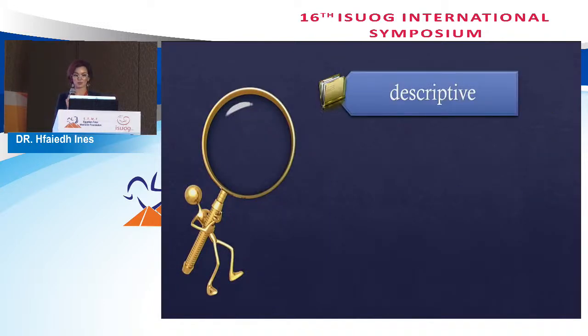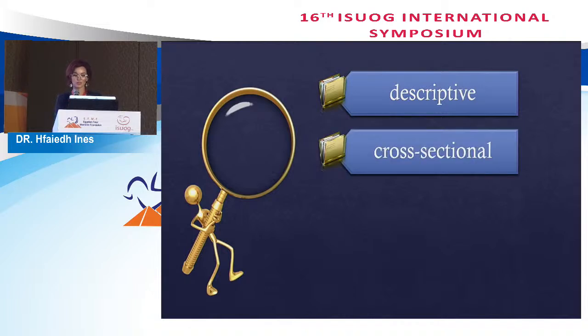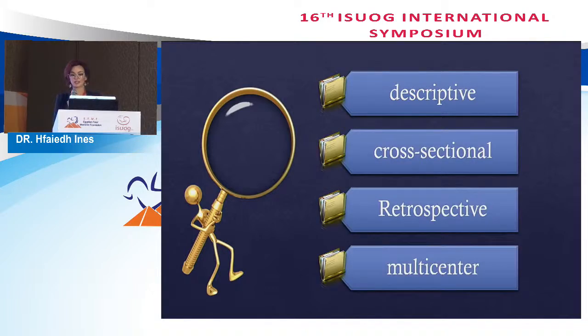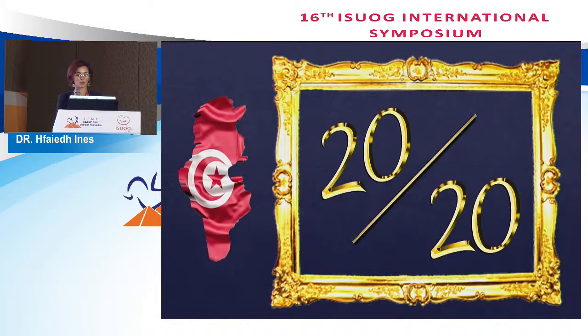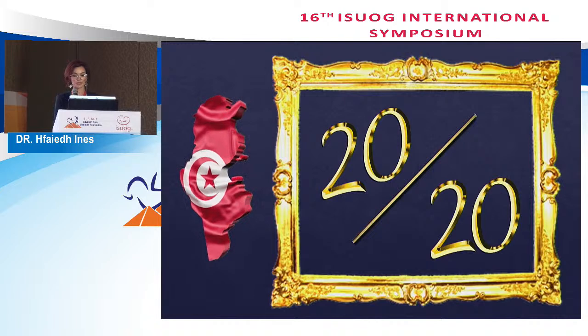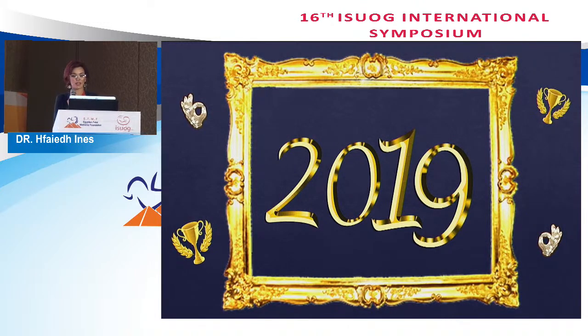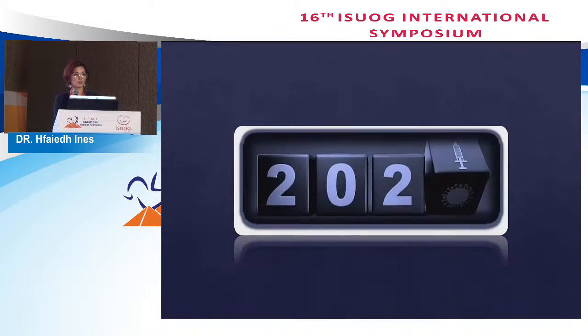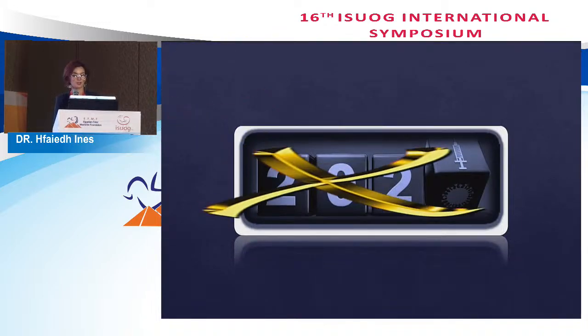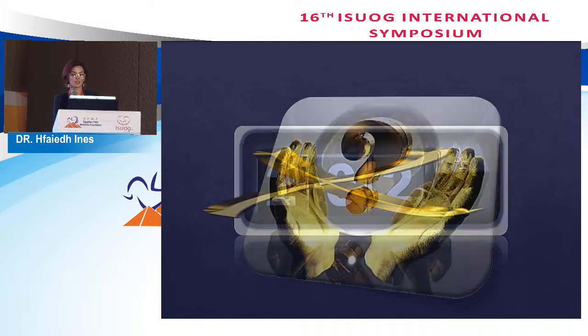The study is descriptive, cross-sectional, retrospective, and multi-center. So all Tunisian departments of gynecology and obstetrics and university hospitals are included in this study. We have 20 departments of gynecology and obstetrics. And we have taken the period of 1 year and decided to choose the year 2019, the last period considered normal before the COVID-19 disease.